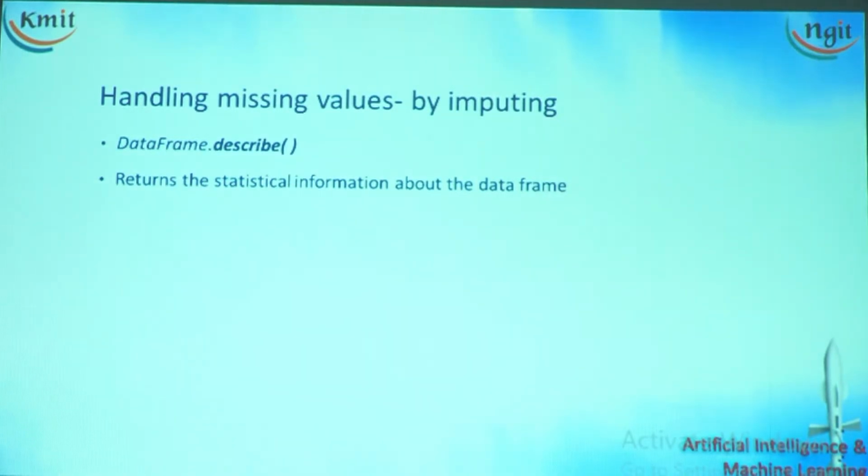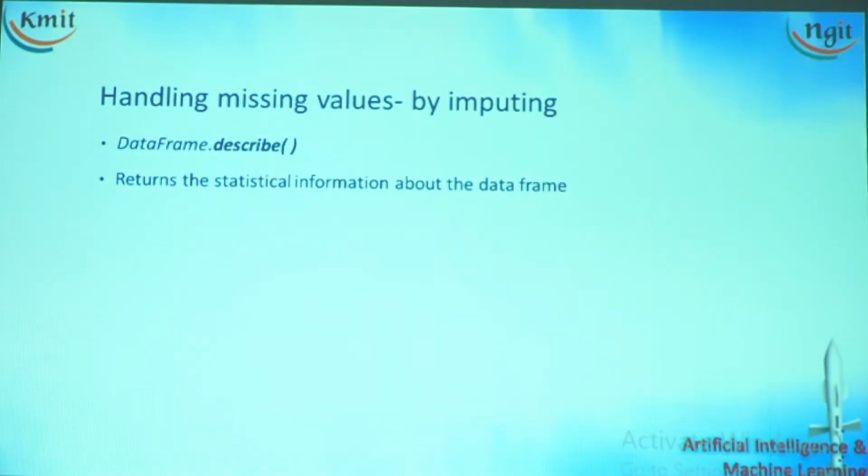Alright. Now, how do I understand whether this particular column is normally distributed or skewed? For that, guys, please use the describe function. You can use that on your data set now.